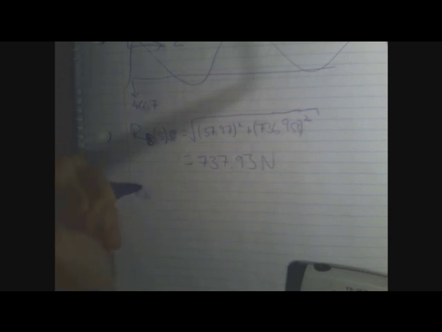Our RAS is equal to the square root of 2801.76 squared plus 5404 squared, which gives 6087.41 newtons.